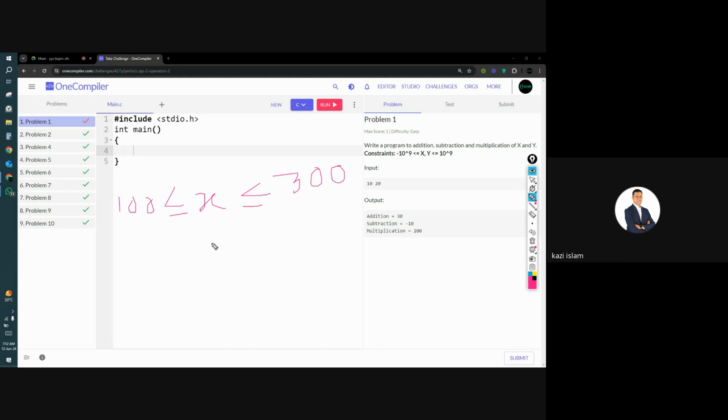So it's 100 to 300. 100 to 300 is great. Now, if I put the variable x, comma y, then the value is 100 to 300 for x and 100 to 300 for y.